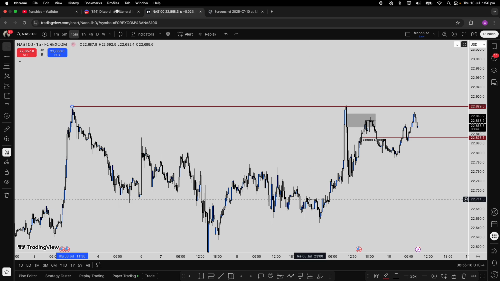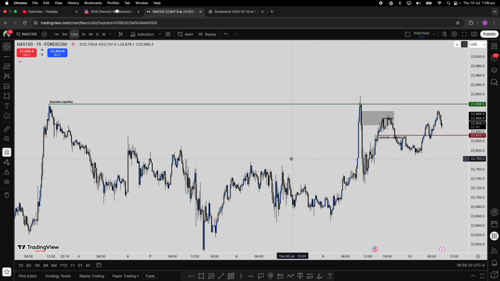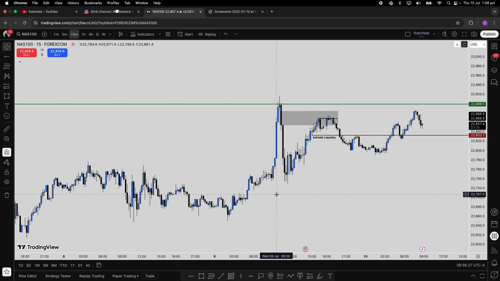So if we look at yesterday's morning price action, we took out the all-time highs, sold off, and then slowly started climbing back up.